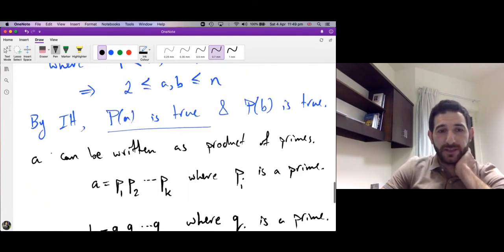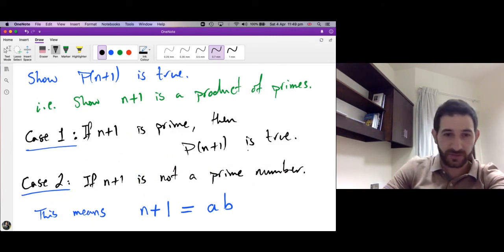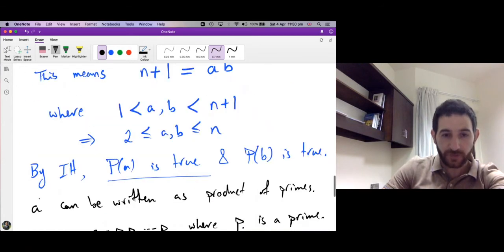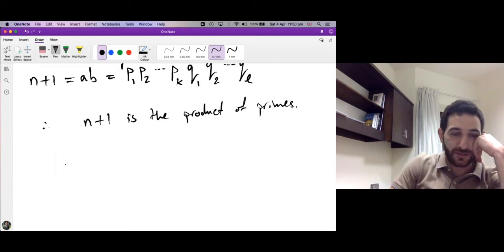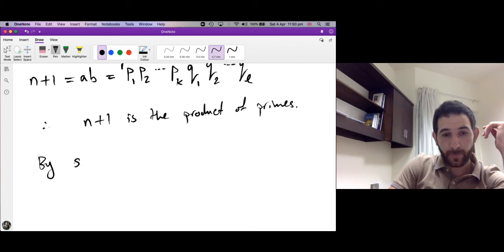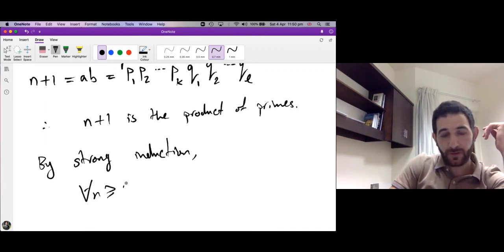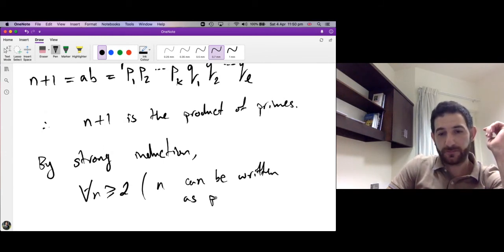So in the two cases, in case 1, we showed that P of n plus 1 is true because n plus 1 itself is a prime. And in case 2, we also showed that n plus 1 is the product of primes. So by strong induction, we proved that for every n bigger than or equal to 2, P of n is true, which means n can be written as a product of primes.